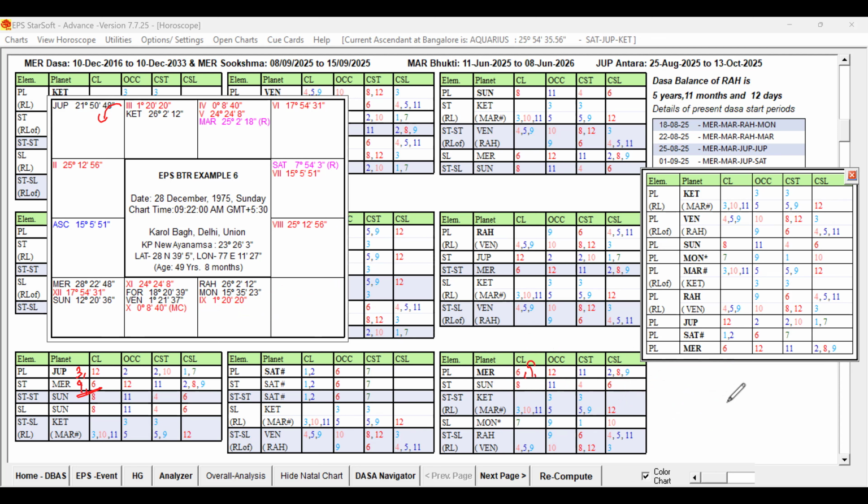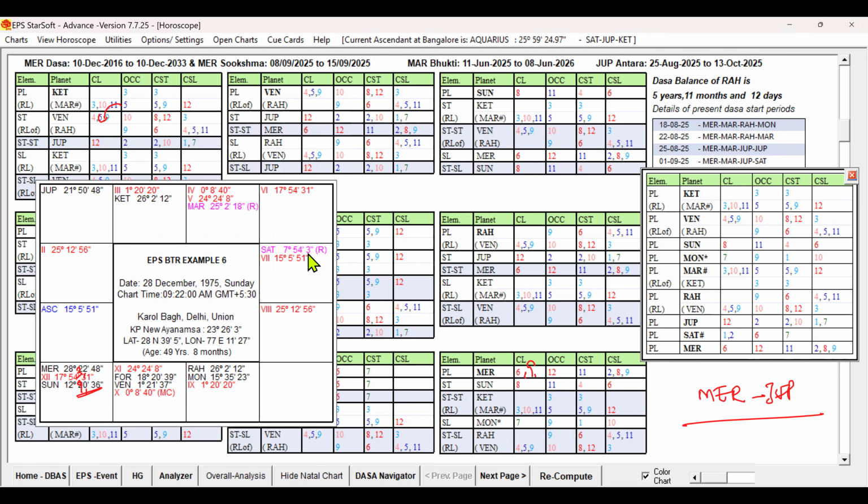As I said, he got that foreign travel in Mercury Bhukti, Venus Antara. So when Venus Antara is coming, Venus in the star of Jupiter, that Jupiter will get 3, 12. In the star of Mercury, 6 and 9.